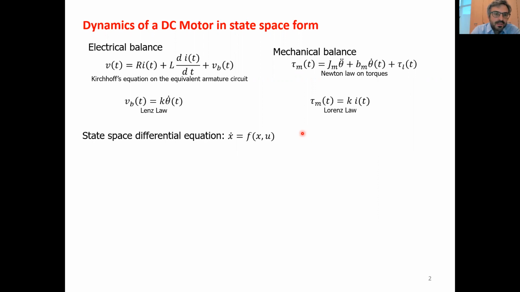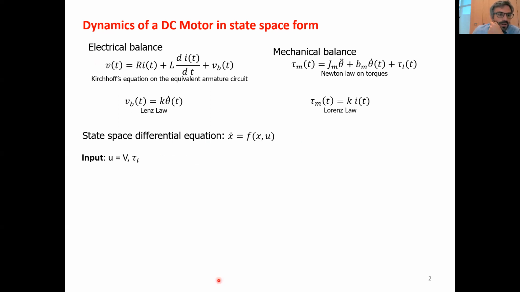What else? The voltage. The voltage, yes, is an external input. Do you see another external input here? Maybe the load torque. Yes, very good. We have two inputs here. One is the voltage, supply voltage, and one is load torque. So our vector of inputs is two-dimensional.